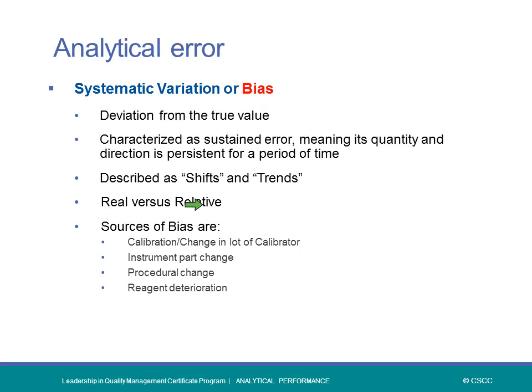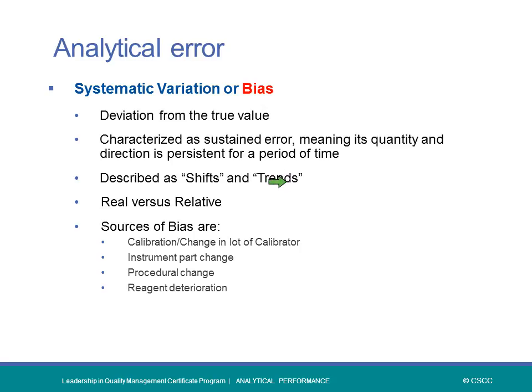Bias shows its face in our quality control by two means. Number one, by shifts in results. If there's a sudden change in the system and the mean suddenly moves in one direction or the other, that's referred to as a shift. Or trend over time, which can be maybe a little bit more difficult to detect, but looking at QC data chronologically, you can certainly see trends developing on occasion.